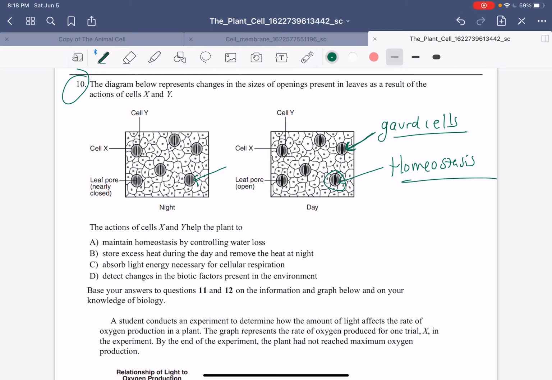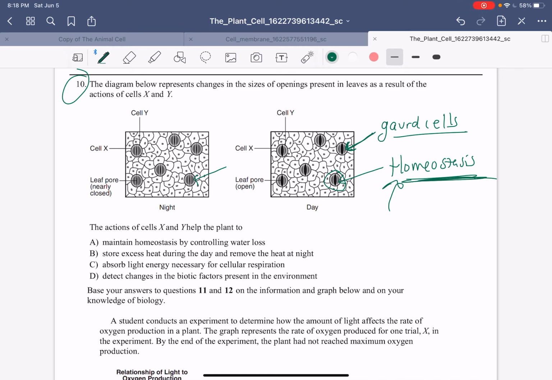Remember, I told you I'm always going to throw that word at you. Homeostasis is such an important phenomenon for you to remember for everything. In life, there needs to be balance. Homeostasis is having an internal, stable environment. Stable, steady state. Everything's good to go.